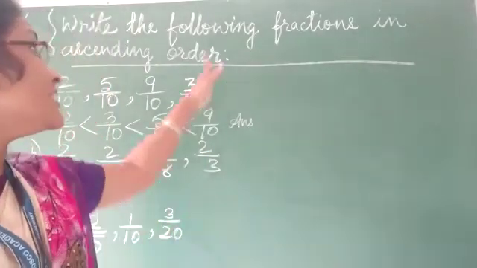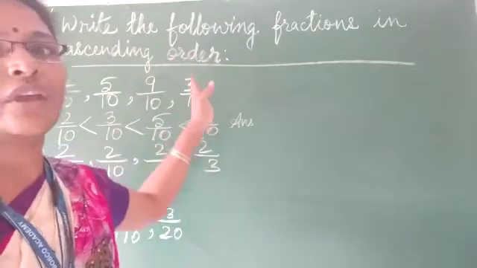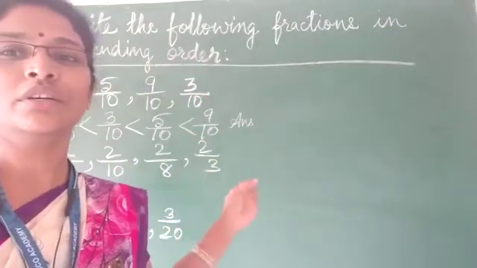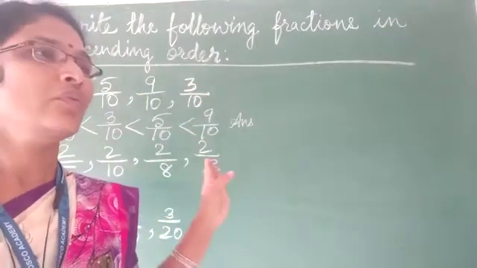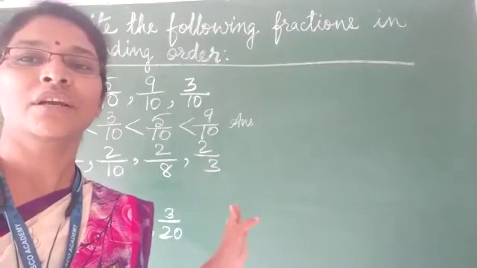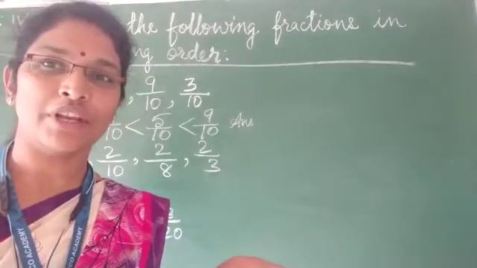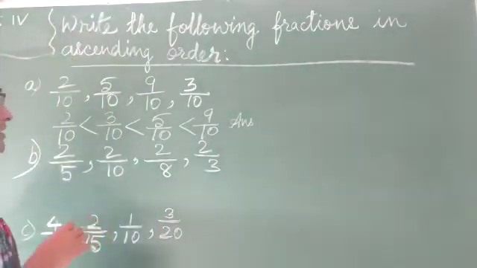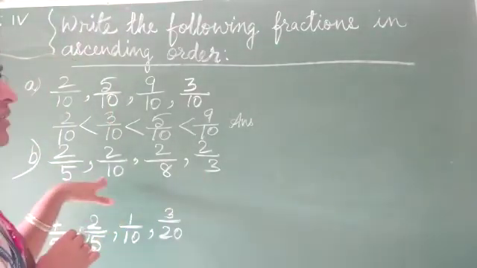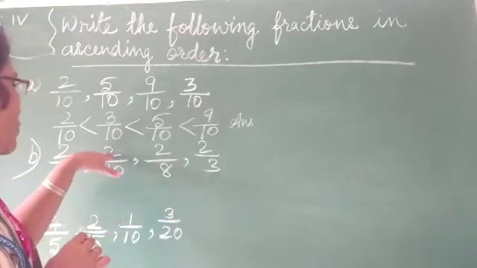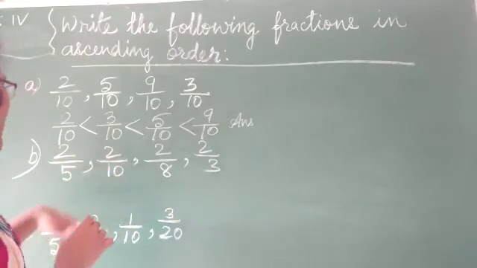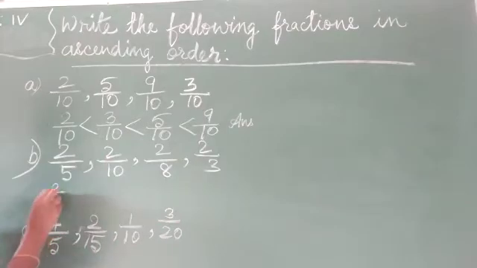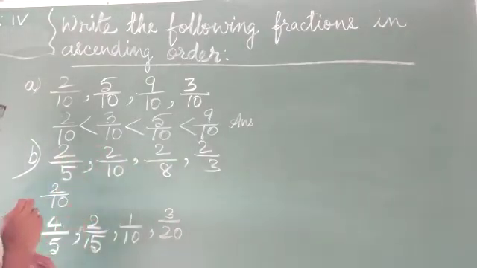Now, in ascending order, we are going to write them from smaller to greater. Now, which will be the smaller fraction? The one whose denominator is greater. So we can see which fraction has the greater denominator: 2 by 10. So we write 2 by 10, that is the smallest among these fractions.